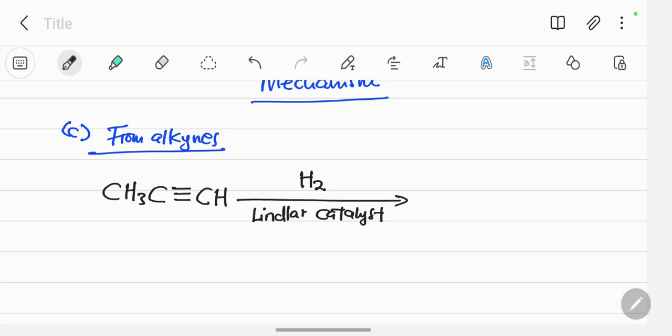When you add hydrogen using Lindlar's catalyst, you get CH3CH=CH2, like that.